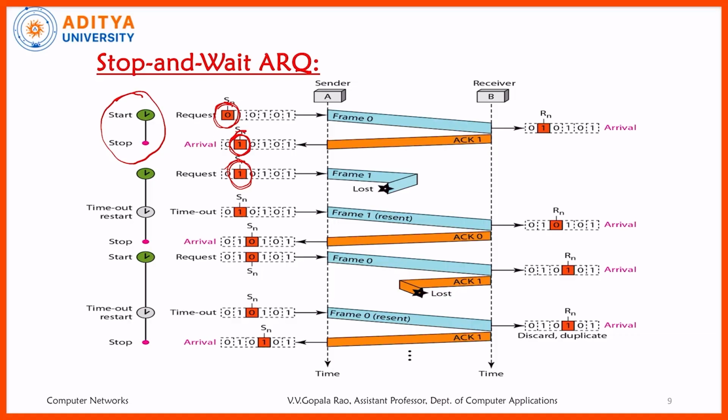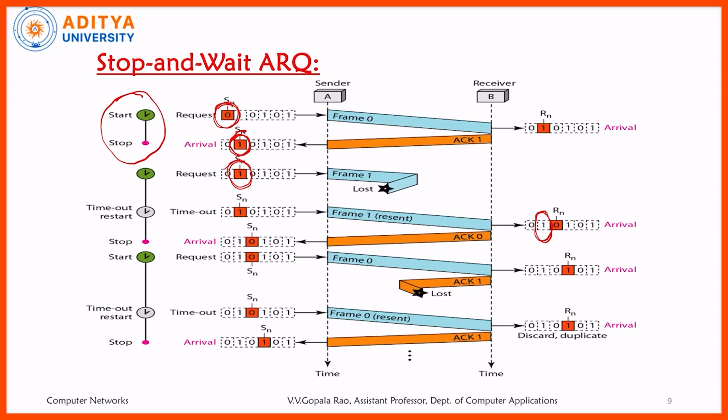Even after 2 minutes it does not get any acknowledgement from the receiver, so it concludes that the frame is lost. Then frame 1 is resent by the sender, and by chance it is now received by the receiver successfully, as I am showing in the figure.